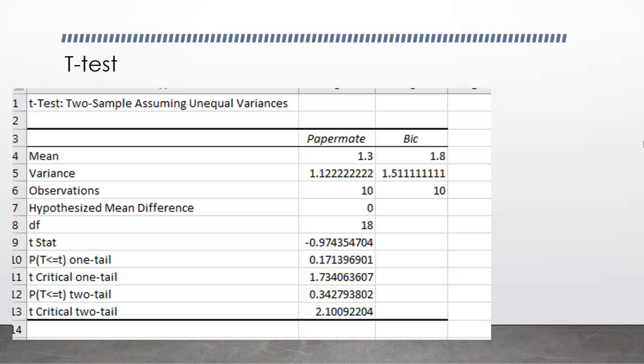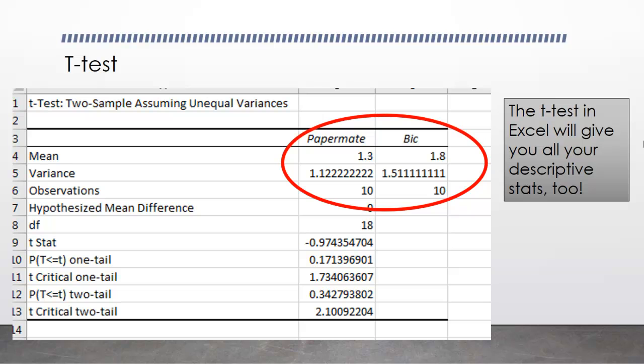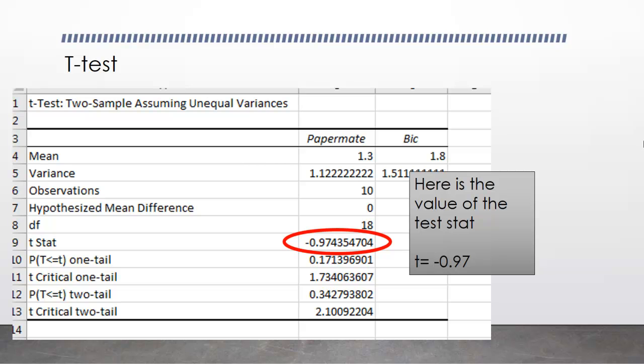So let's look at a t-test example. Here's some output from Excel. And the t-test always gives you the descriptive stats, so you've got those there, which is nice. Here is the value of the test stat. If you look, you see that it has t-stat. That's our test statistic. It's called t.